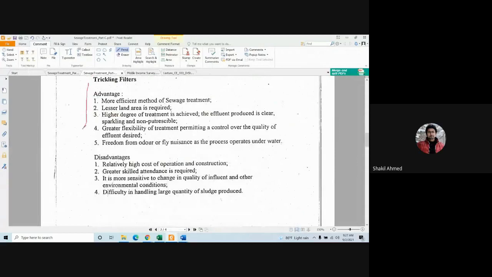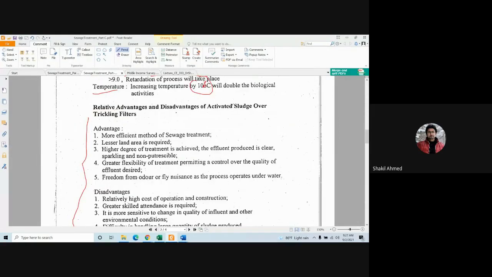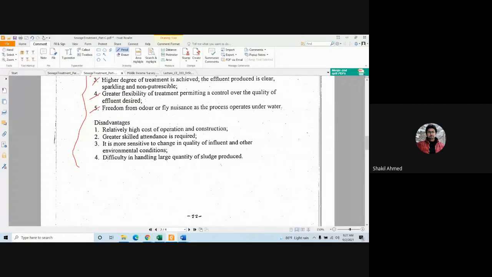So these are the advantages and disadvantages of the activated sludge trickling filters. Advantage is a more efficient method of sewage treatment because you are increasing the efficiency by recirculating the sewage. Lesser land area is required because efficiency is higher. Higher degree of treatment is achieved, great flexibility, freedom from odor or fly nuisance as the process operates under the water.